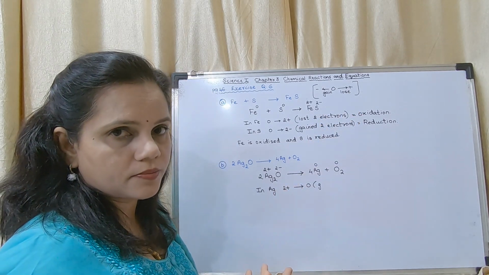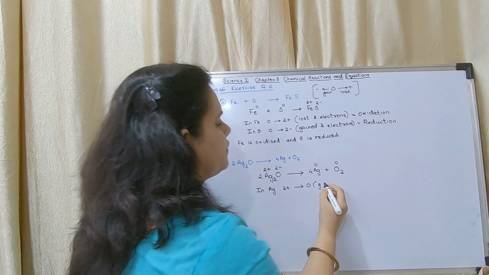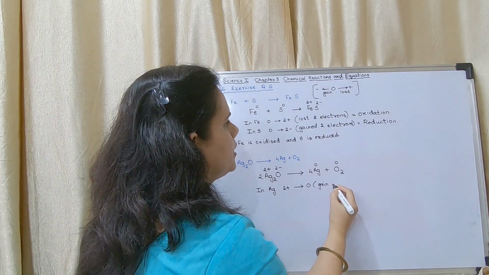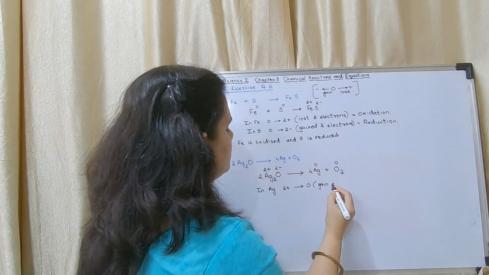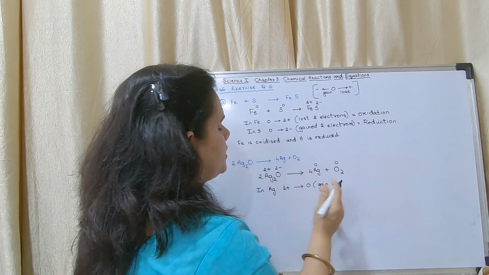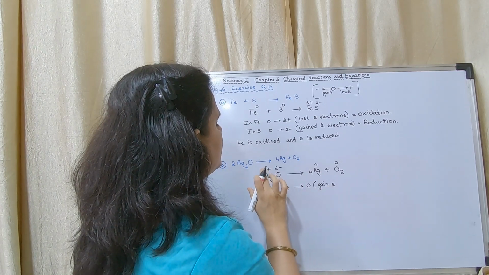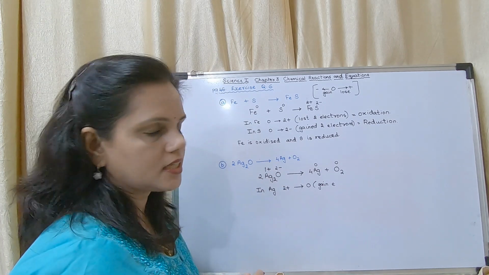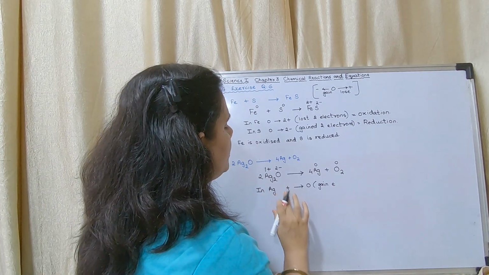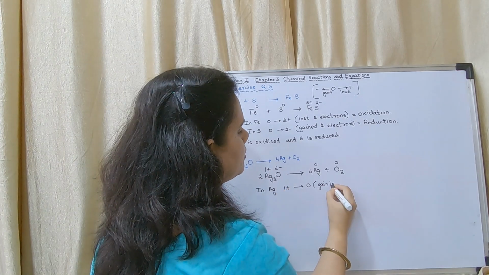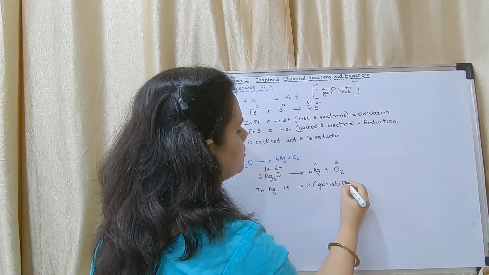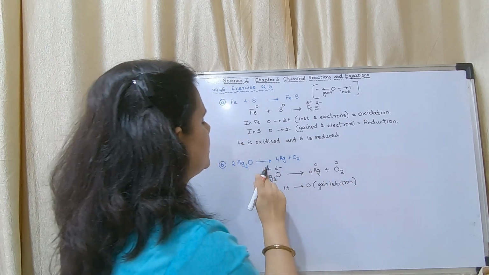Because it had lost. So if it has to become 0, it has to gain. Okay, it is Ag 1 plus actually. The valency of Ag is 1. It has to gain 1 electron. Now it is not 2 plus.